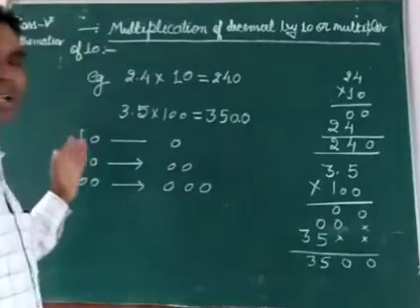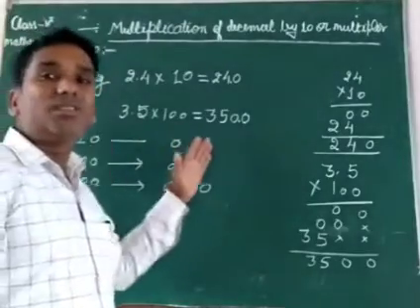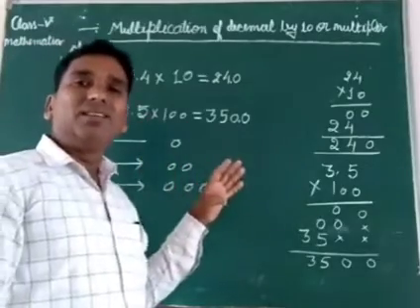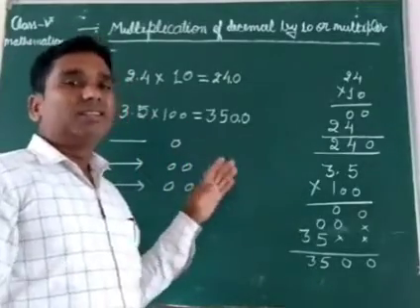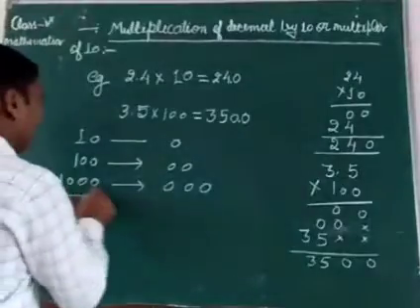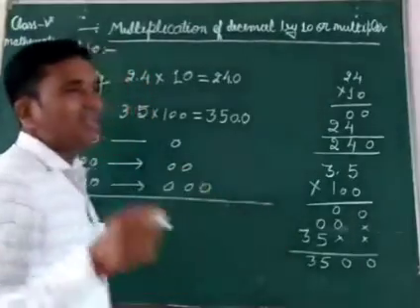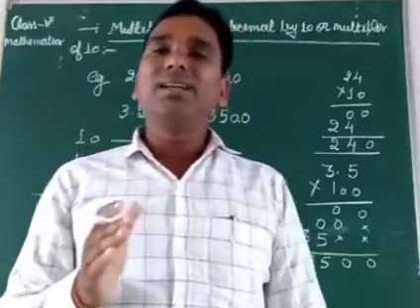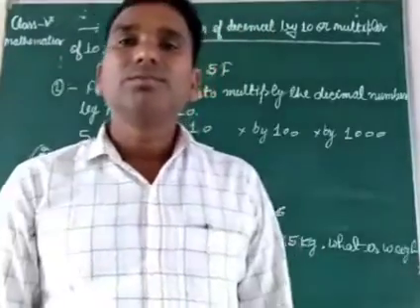If you multiply by 1000, it will move 3 places right. Okay? So like this you can multiply any given number by seeing the number only. No need to multiply in the long method.